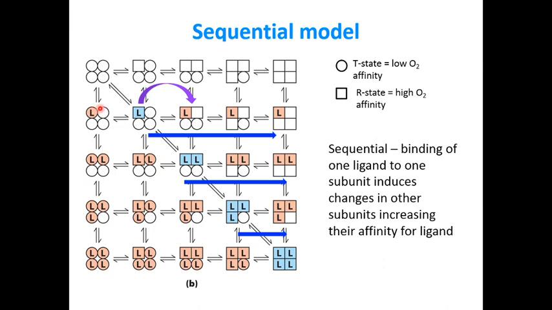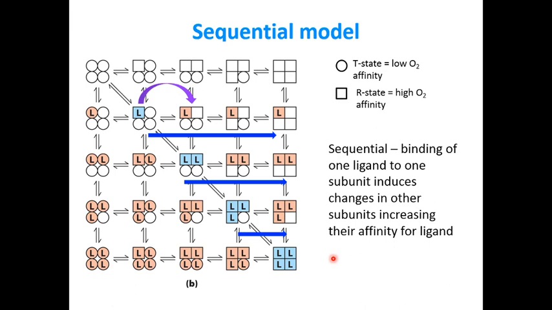When ligand binds, none of the subunits changes its conformation, and ligand binds sequentially while the change in subunits is simultaneous. But the sequential model as such is unpredictable because it has various different intermediates. So these are the two different models that are predicted for a cooperative binding of a ligand to a protein.